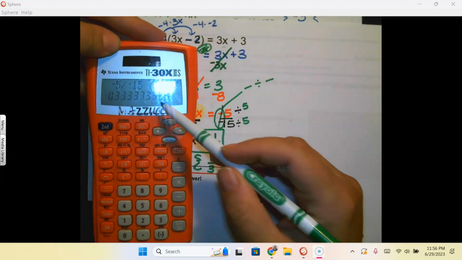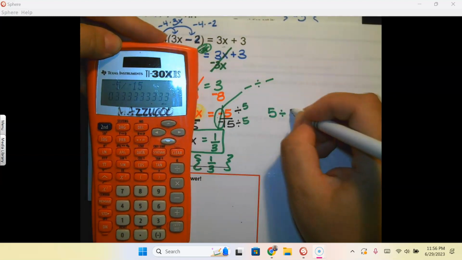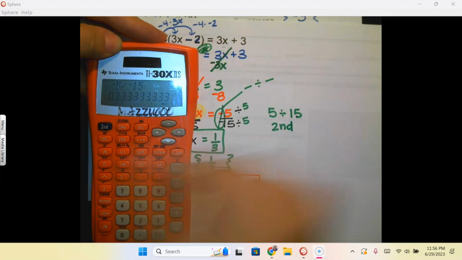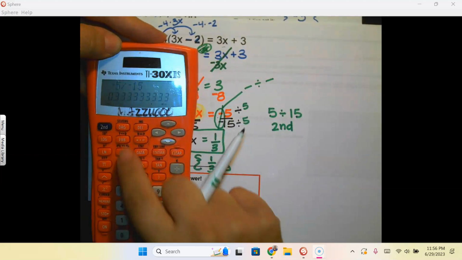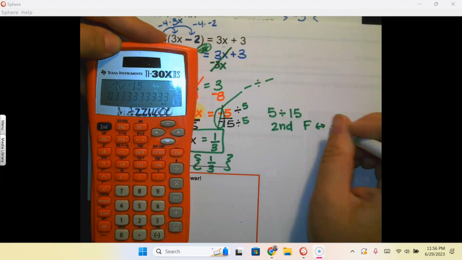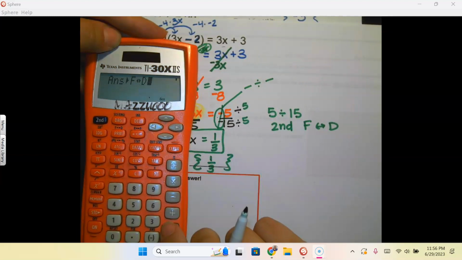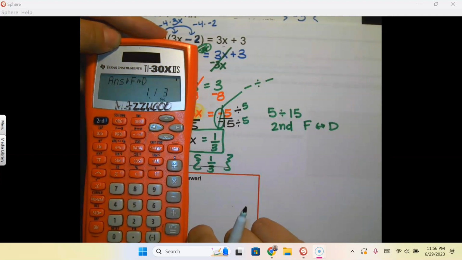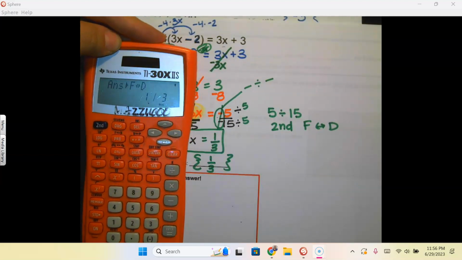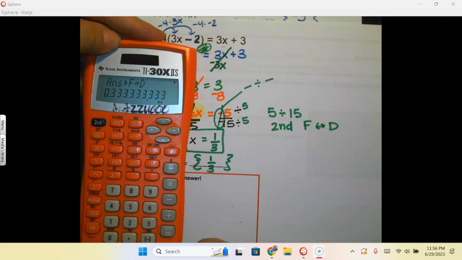If you do 5 divided by 15 with your calculator, then click the second button and then the button that says FD, which looks like an F with a little arrow, D. When you click this button, it's going to go back and forth from fraction to decimal. And then you can see that you successfully simplified that correctly. If I click second FD again, it takes me back to the decimal answer.